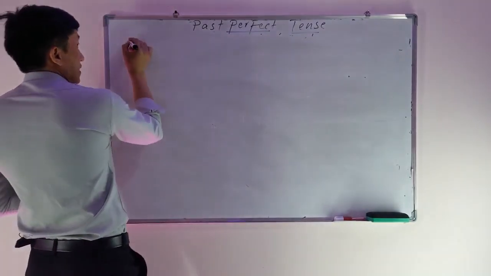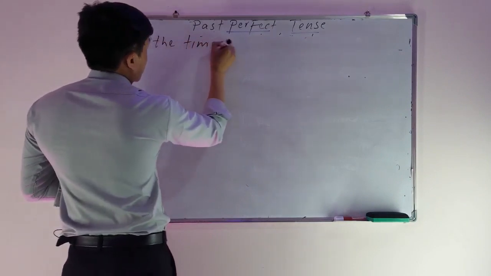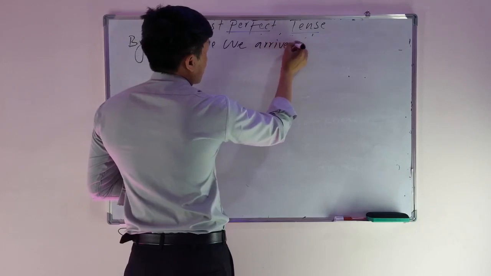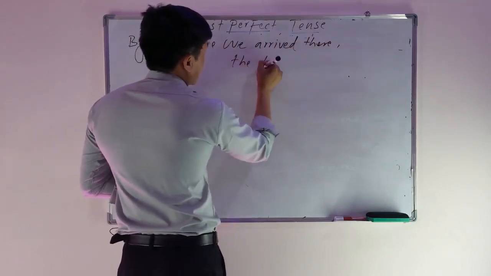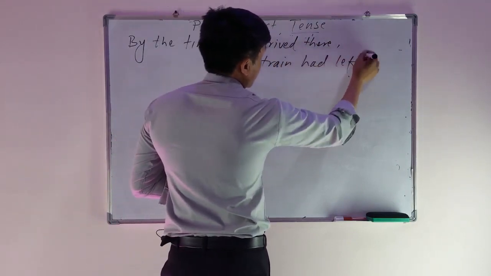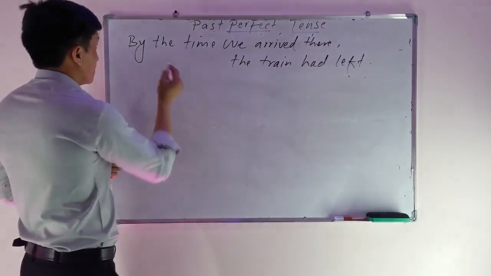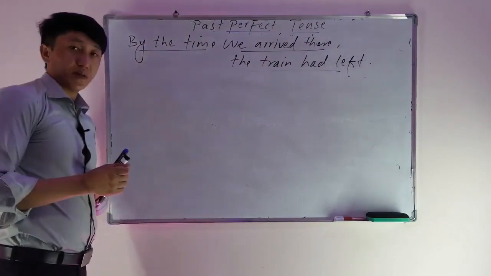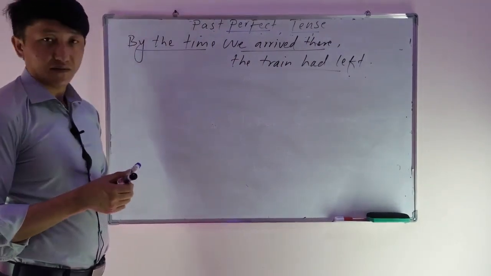If I say by the time we arrived there, we can say the train had left. Here, by the time is used with simple past, and the second clause should be past perfect tense. By the time we arrived there, the train had left.